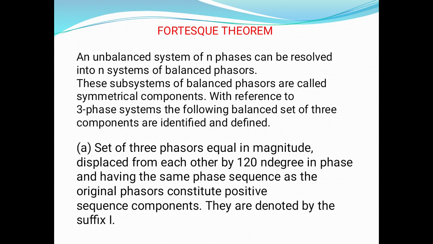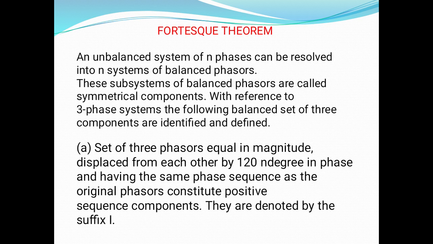The first component in a three-phase system has a set of three phasors equal in magnitude and displaced from each other by 120 degrees in phase, and having the same phase sequence as the original phases; these constitute the positive sequence component.